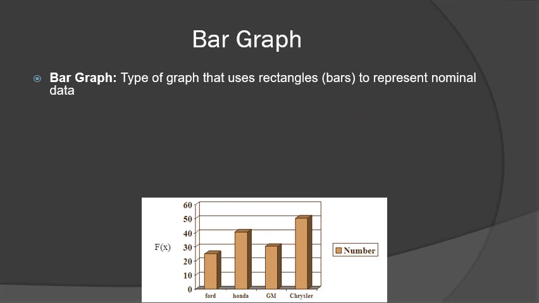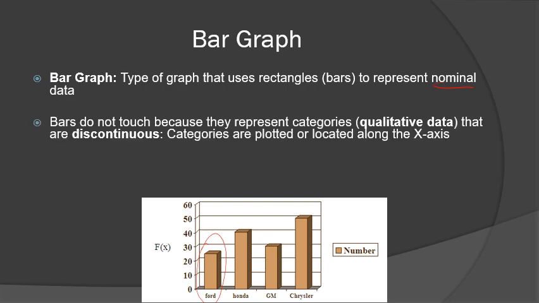Let's look at the first type of graph, and that's a bar graph. Bar graphs use rectangular bars, that's what you see here, to represent nominal data. That's one of the things we're going to talk about, bar graphs and histograms. The big difference is that because bar graphs represent nominal data, your bars do not touch.